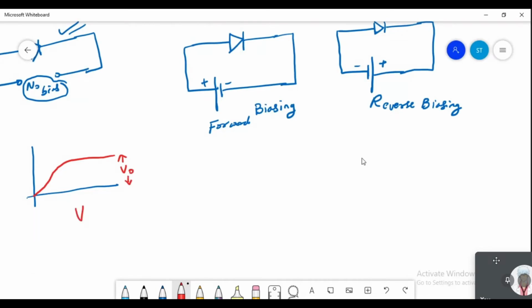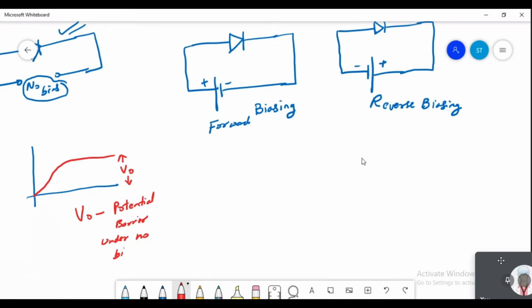V naught is called the potential barrier under no bias. Okay, this is what is happening.